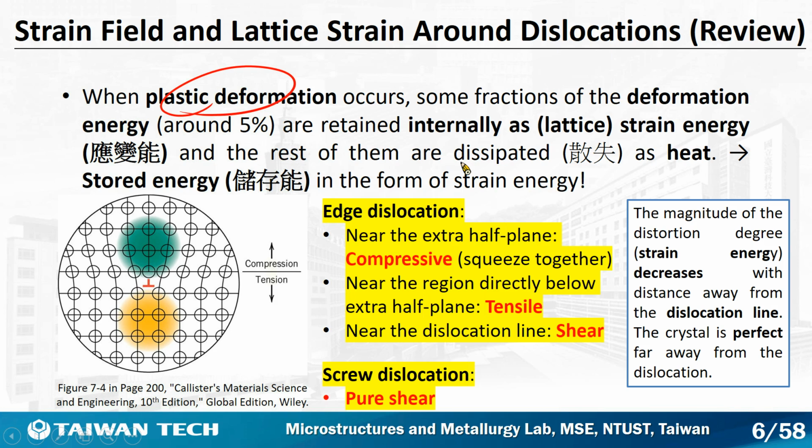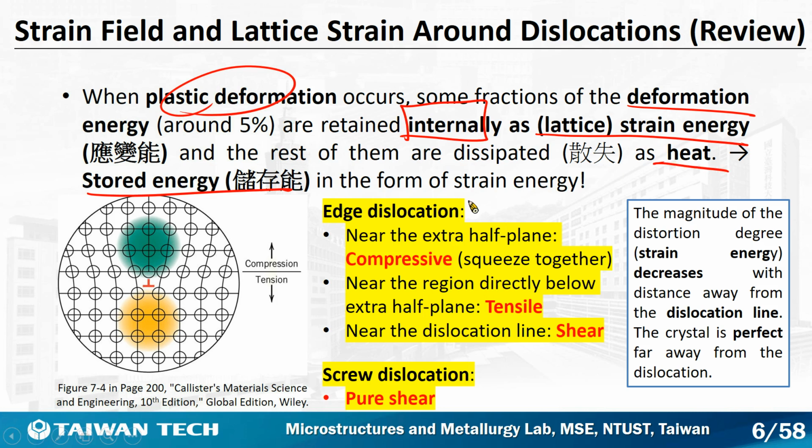So there is energy, and with this energy, it will be used for deformation. However, some of this deformation energy will be stored in the lattice, stored in the interior. We call it lattice strain energy or the stored energy. Okay, and the rest of it will be dissipated as heat.